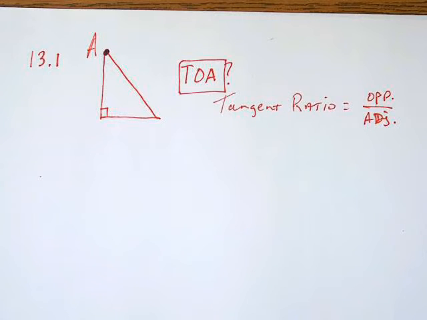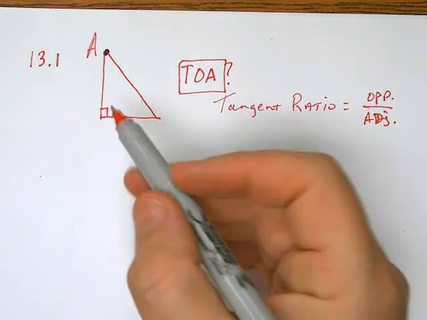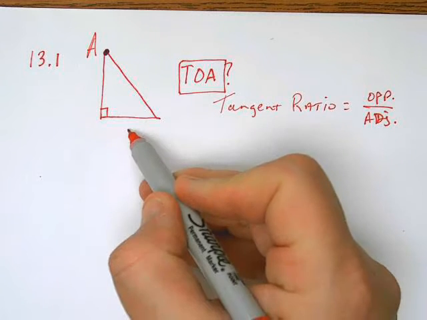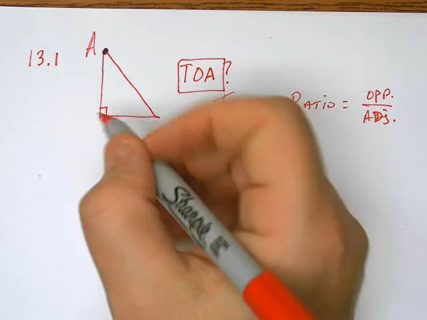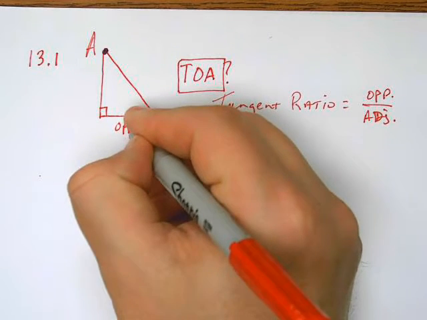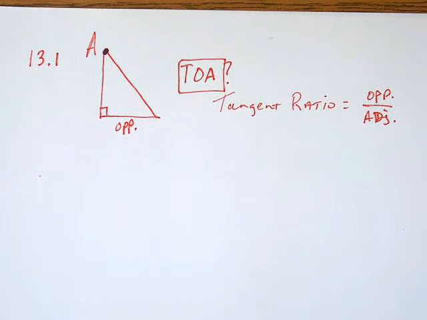There's three sides in this triangle. There's one here, there's one here, and there's one down here. Which one's considered the opposite side as I look at angle A? The bottom one. He is correct.